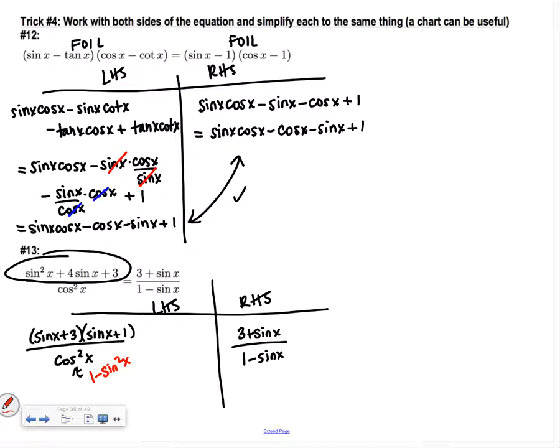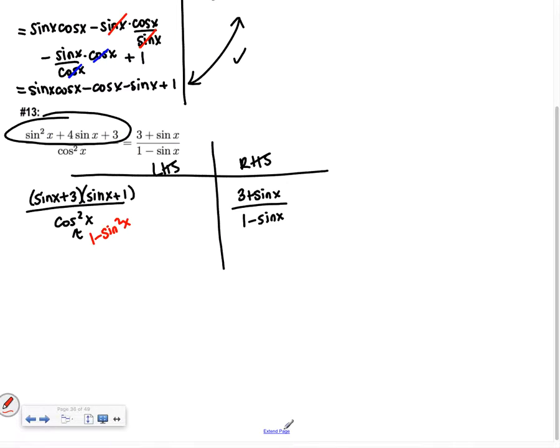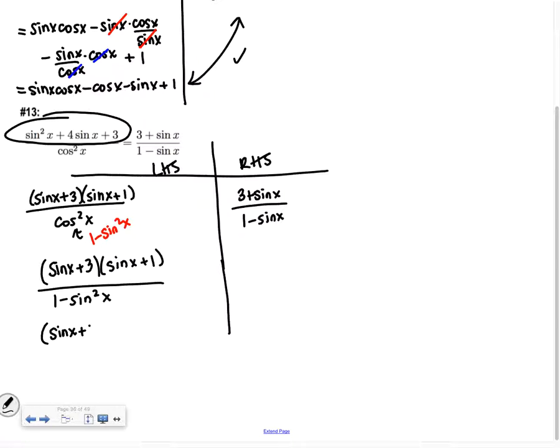Okay, so this is a pretty tricky identity. So when I do that, I'm going to have sine of x plus 3 times sine of x plus 1, over 1 minus sine squared of x, which will factor. And it factors into 1 plus sine of x times 1 minus sine of x.